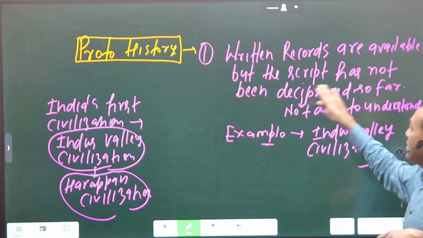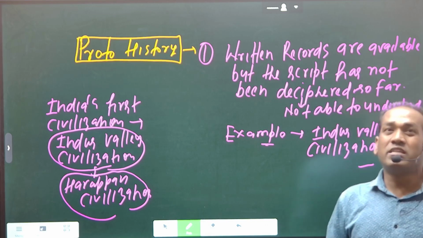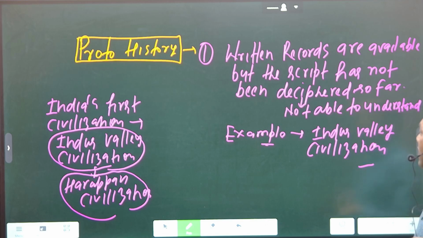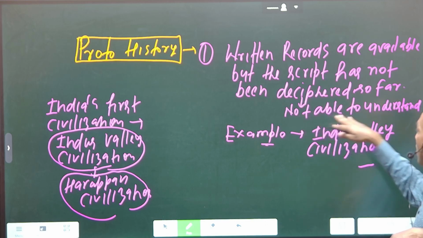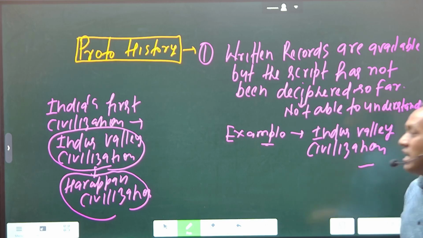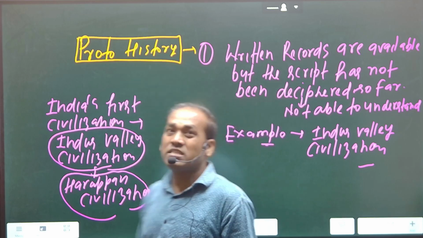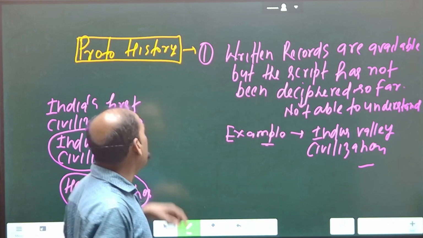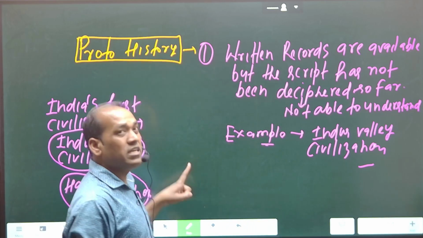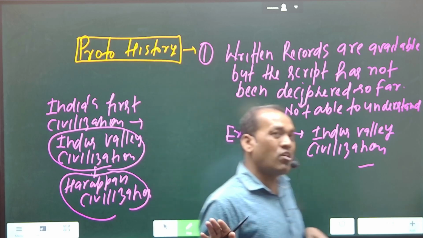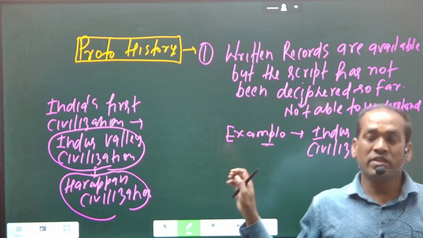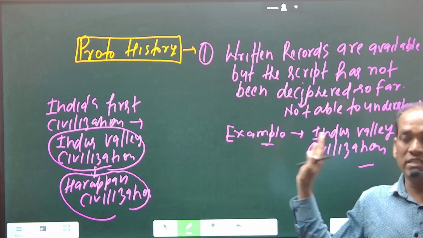Deciphered here means not able to understand, and Indus Valley civilization falls under proto history. Okay, so this is your second term used in history.